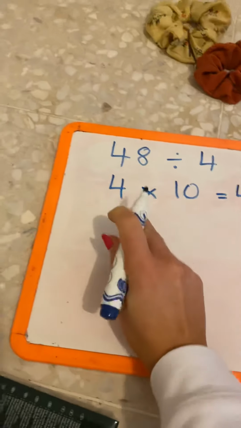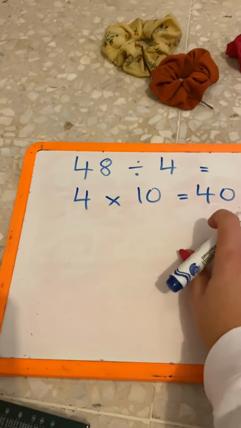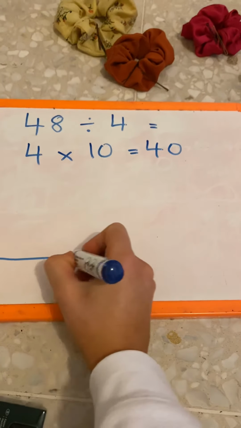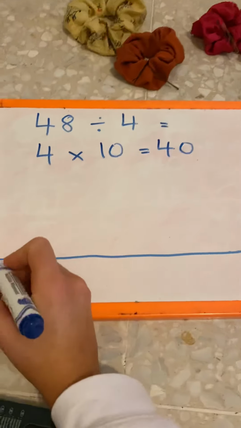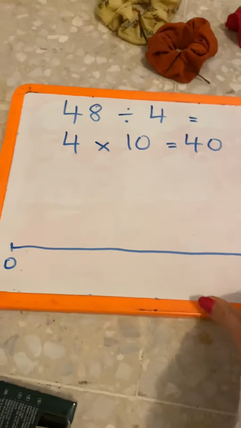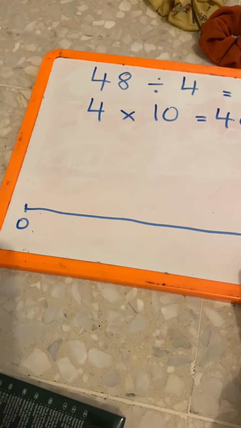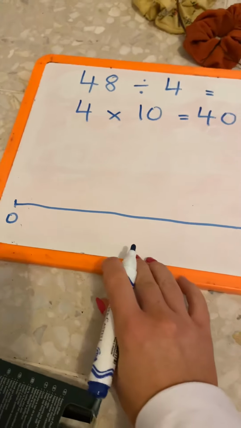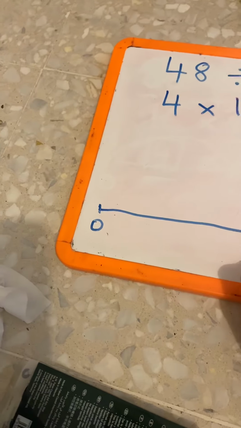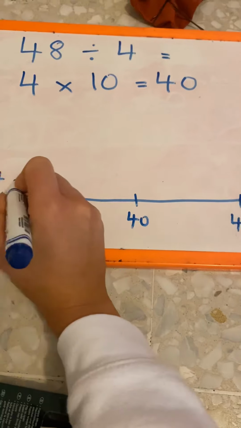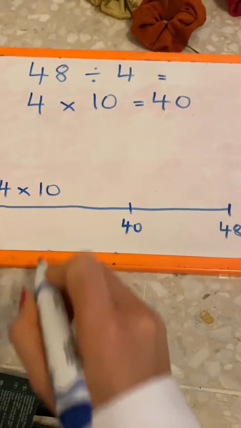So 4 times 10 equals 40. Let's draw our number line. We have our 0 here, and we have our 48 here. We know to get to 40, we have had to take 4 times 10.